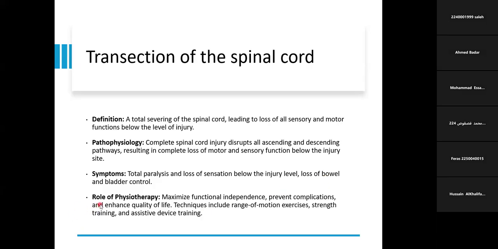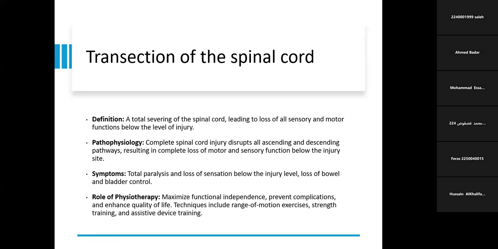My dears, the role of physiotherapy is to maximize functional independence. We want the muscles not to atrophy. We keep on exercising these people in different ways. We prevent the complications. We help them in making their life better. Good physiotherapists can make their small functions come back.